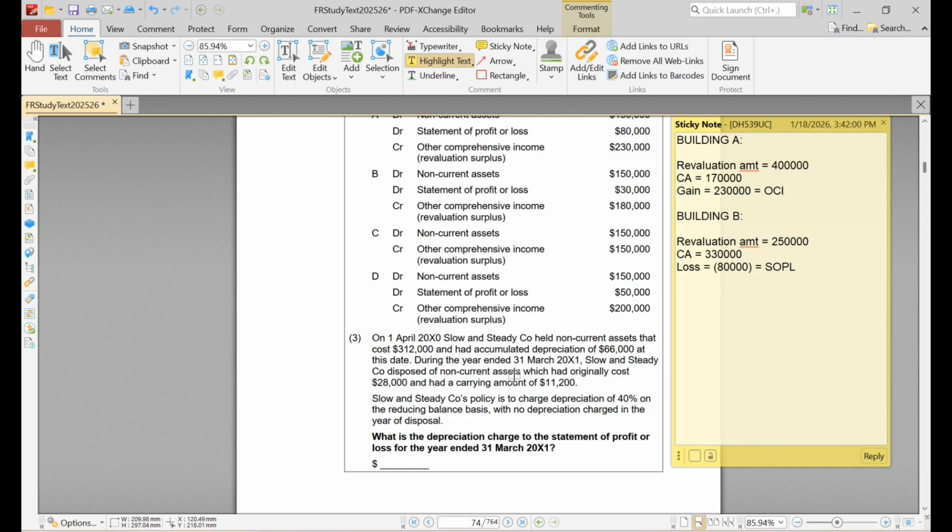Slow and Steady's company policies to charge depreciation of 40% on the reducing balance basis with no depreciation charged in the year of disposal. What is the depreciation charged to the statement of profit and loss for year ended 31st March 20x1? Now, let's do this question.